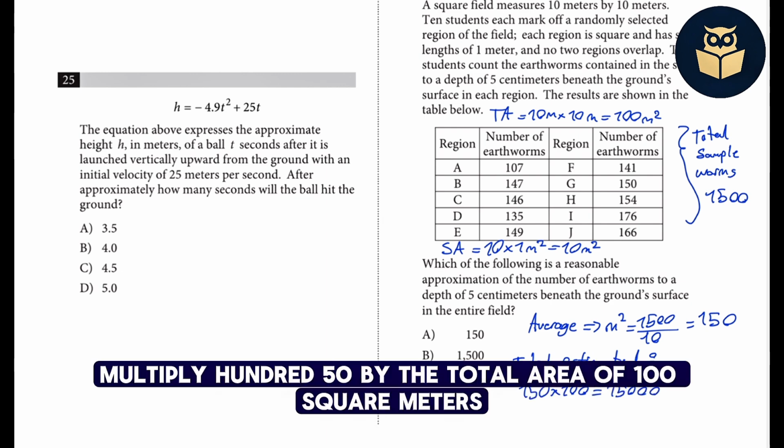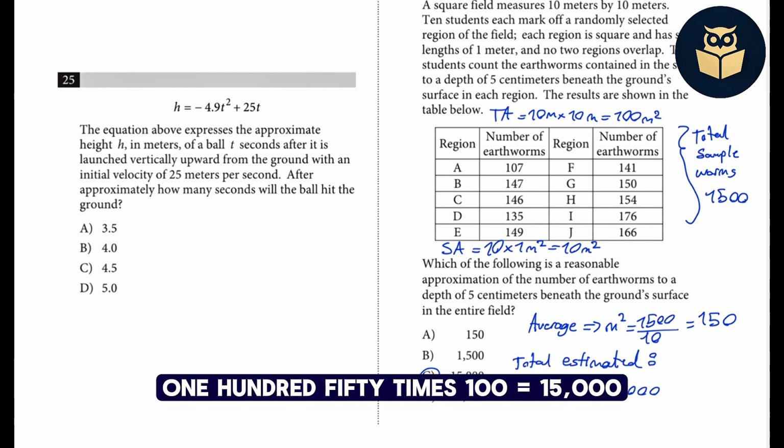To estimate the whole field, multiply 150 by the total area of 100 square meters. 150 times 100 equals 15,000. So choice C is the correct answer.